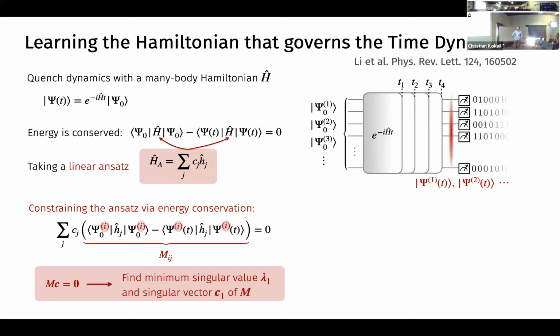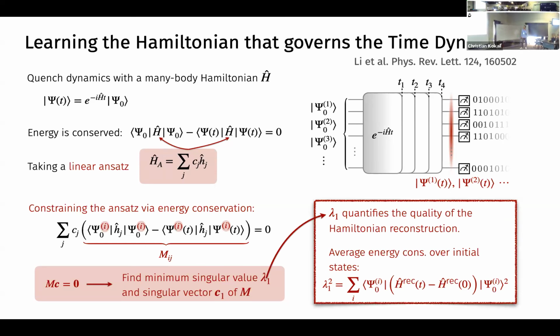You solve it by finding the smallest singular value lambda 1, or the smallest eigenvalue of M transpose M, which is lambda 1 squared. You construct this matrix, and of course the smallest eigenvector is your optimal Hamiltonian, the result.